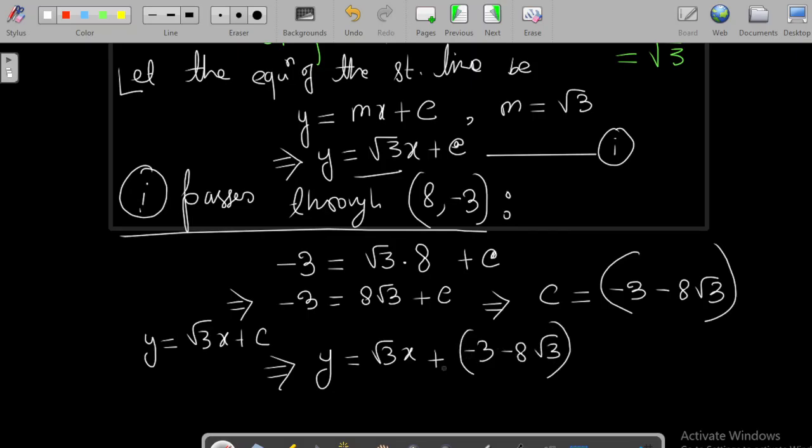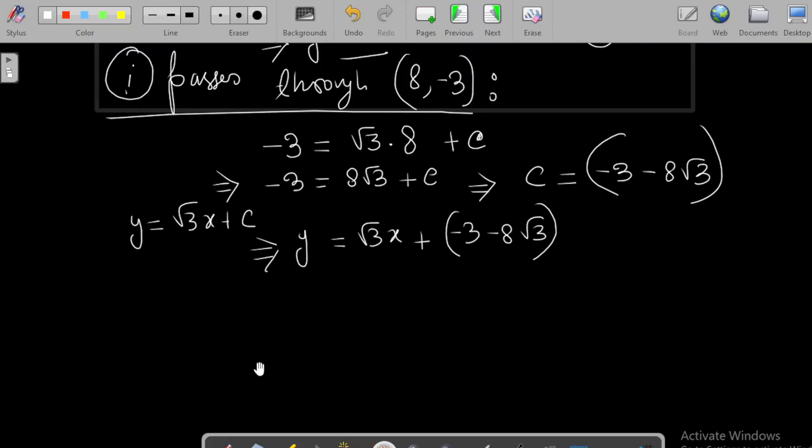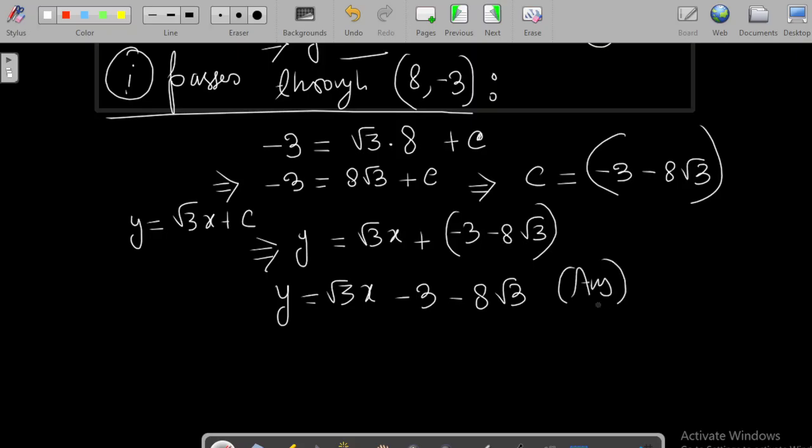We have to simplify this equation a bit, and that will give us our answer. So it is y equals root 3x minus 3 minus 8 root 3. This is our answer. There is no need of further simplification. This is the equation of the straight line.